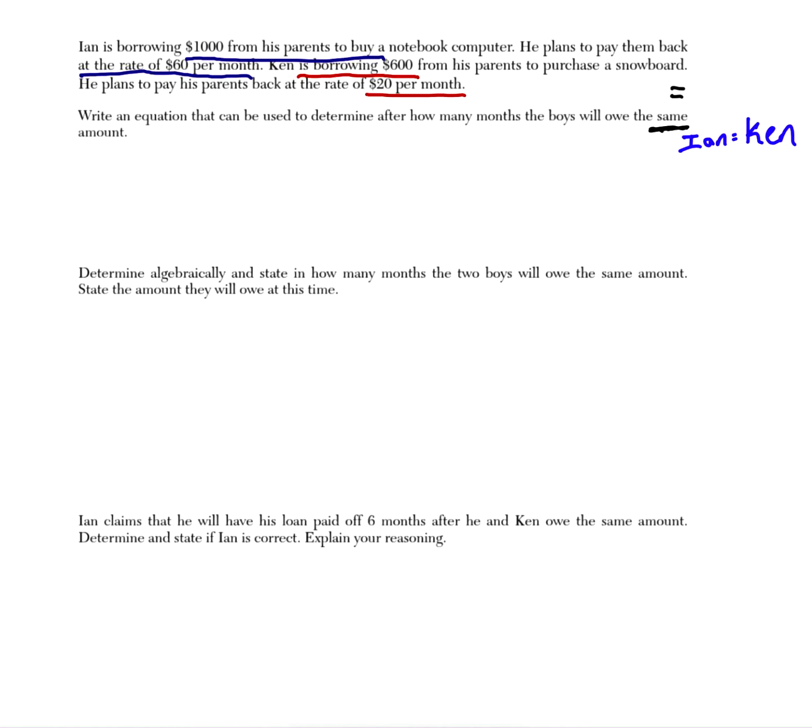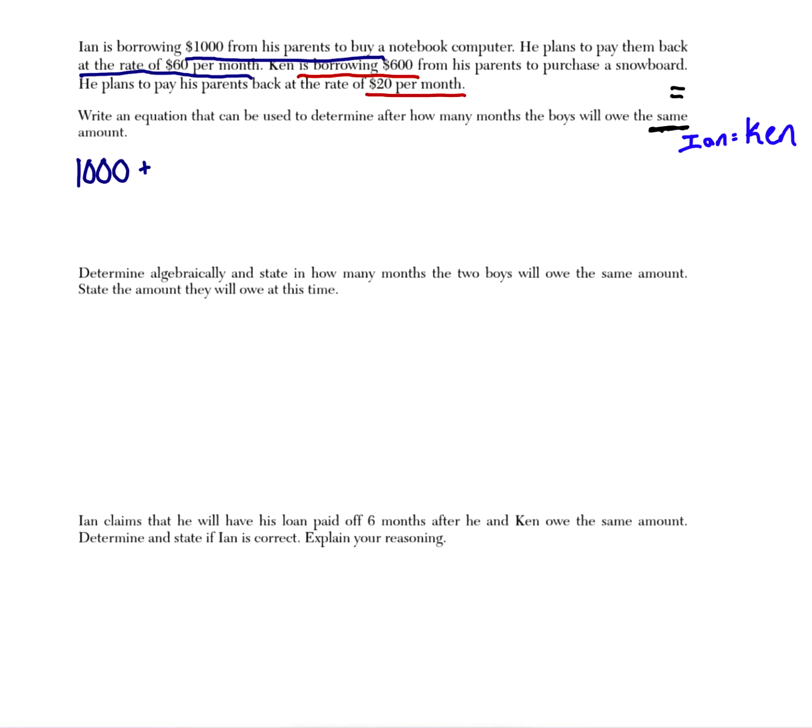So if he owes $1,000 and he's paying back $60 every single month, that means Ian is starting off, think about this in terms of how much he's owing. He's starting off owing $1,000. And then each month he's chipping away at that money. So a lot of times when I see students do this, now this is not correct.